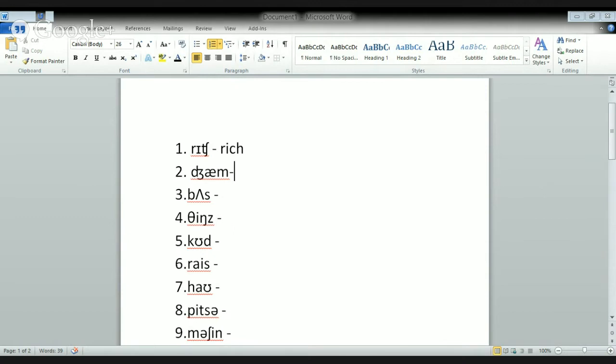So going down one, would anyone like to try and sound out number 2? Alternately, you can try and write what you think it is in the chat. Dream? It is not dream. Jam. Correct. It is indeed jam.